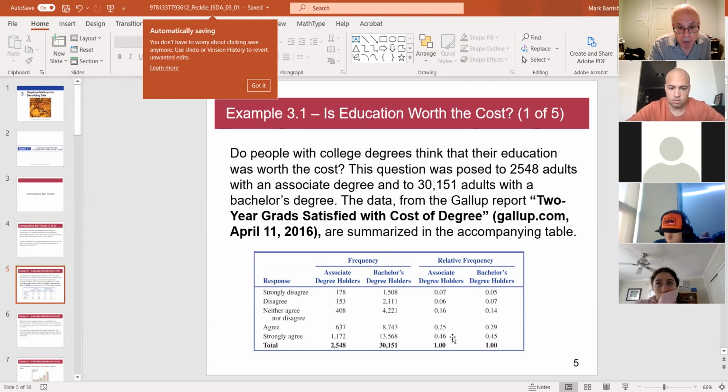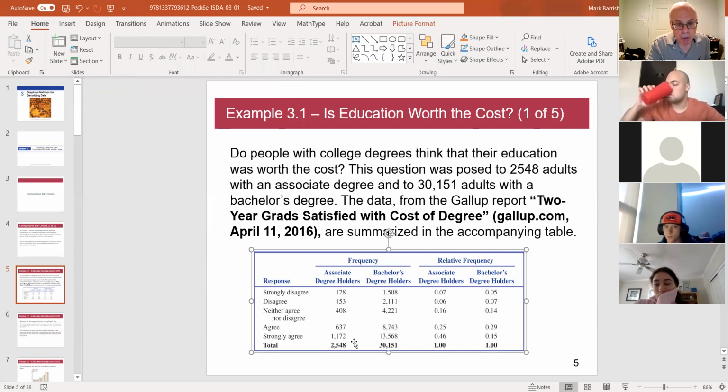So about 46% of the associate degree holders strongly agreed with the statement that the college degree was worth it. All right, so yes, it's within each group. That's what these proportions are.